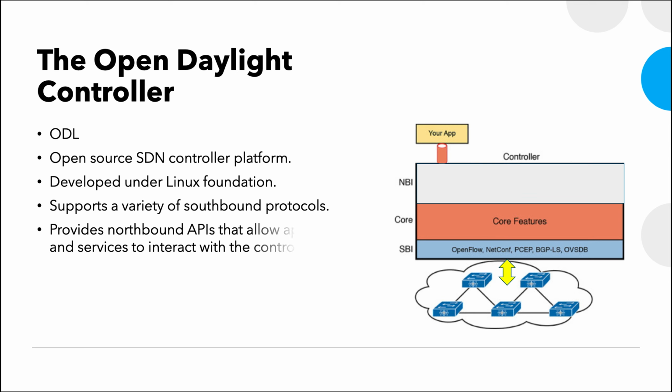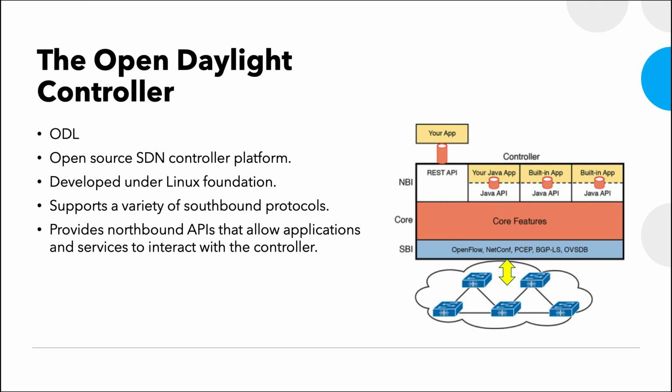ODL also provides northbound APIs that allow applications and services to interact with the controller. As discussed in the previous session, I think we already discussed APIs and REST APIs.